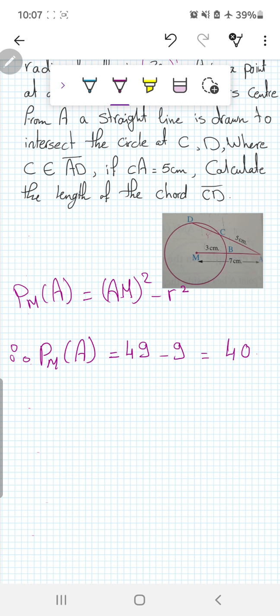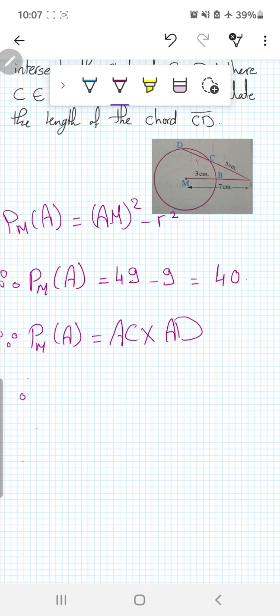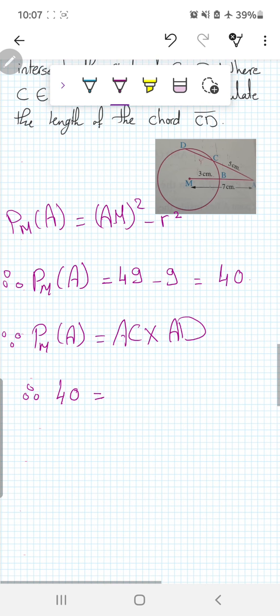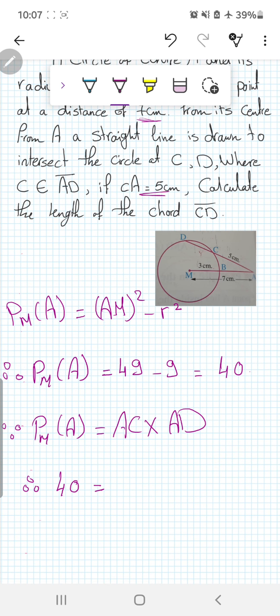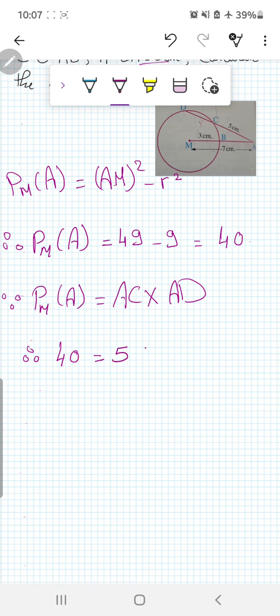We said before the power of point A equals AC times AG. By substitution, the power of the point is 40 equals AC, which is given as 5 centimeters, times AG.